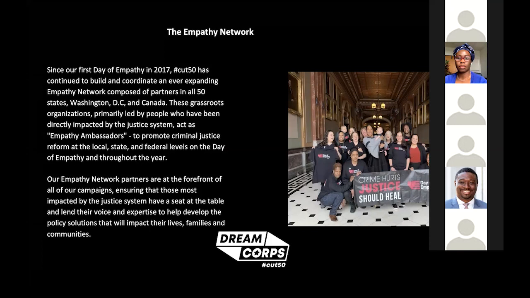And then the ambassadors are those that are directly impacted by the criminal justice system. So people who have served time, or family members or loved ones of people who are currently in prison, and even felony disenfranchised folks. And those are people who pled guilty to a felony but didn't serve jail time.